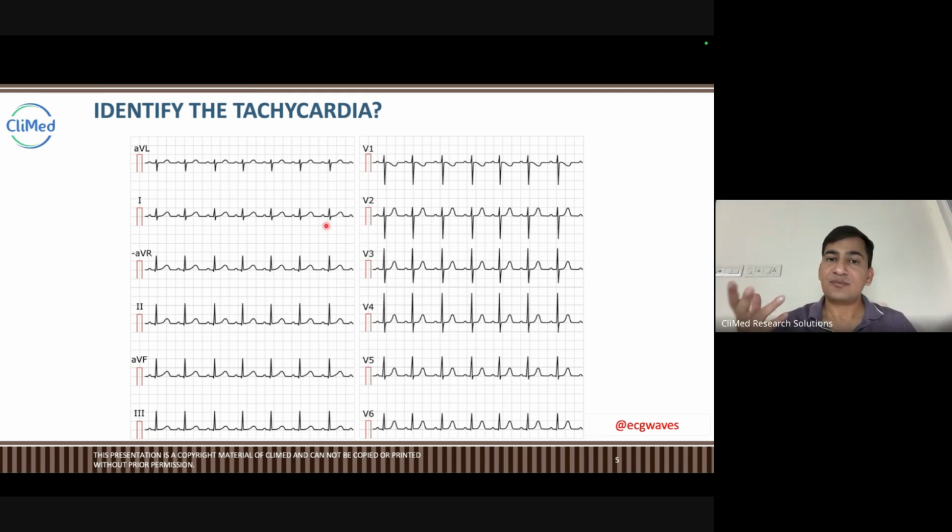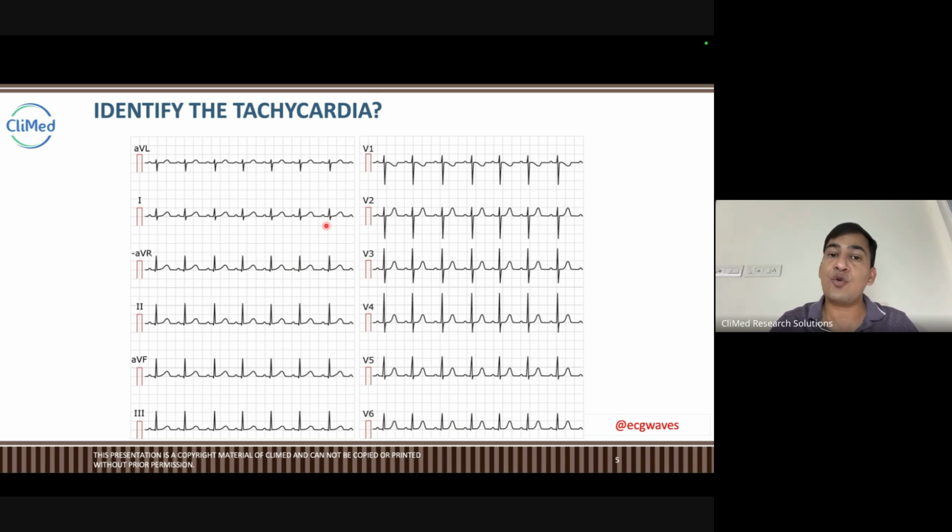This is a normal tachycardia, I mean, standard tachycardia, which we call sinus tachycardia. Sinus tachycardia means that just because of the impact on the sinus, the speed of impulses has increased, but there is no fault.